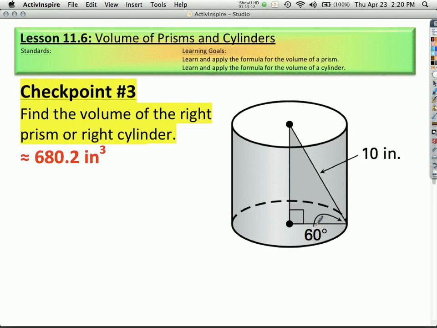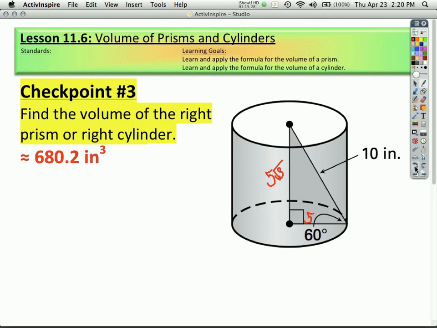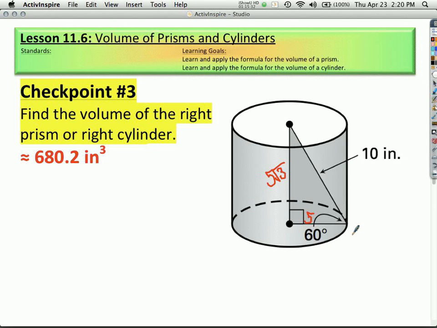So you divide this by 2 and you get this distance right here, which is 5. Beautiful. And then the height is going to be 5 radical 3. I should draw that properly. 5 radical 3, sorry.